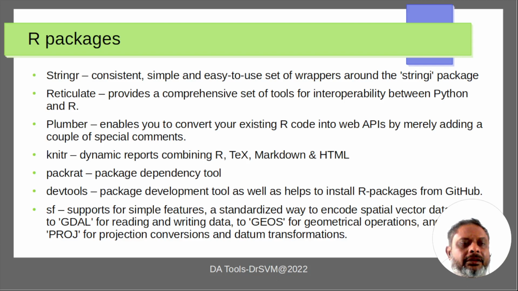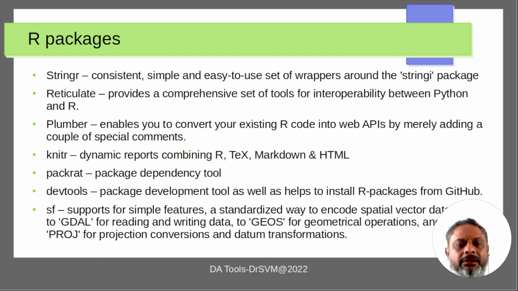Other packages like stringr, a consistent, simple, easy-to-use set of wrappers around the stringi package. Reticulate, plumber, knitr. knitr is one with which dynamic reports are created combining R, text, Markdown and HTML. That's a wonderful tool we have.